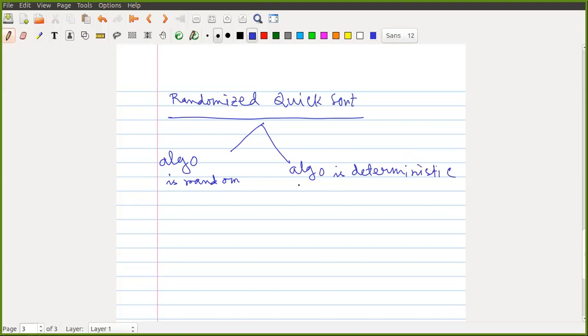What do I mean by that? Given any list, suppose we are given a list S such that cardinality of S is n.